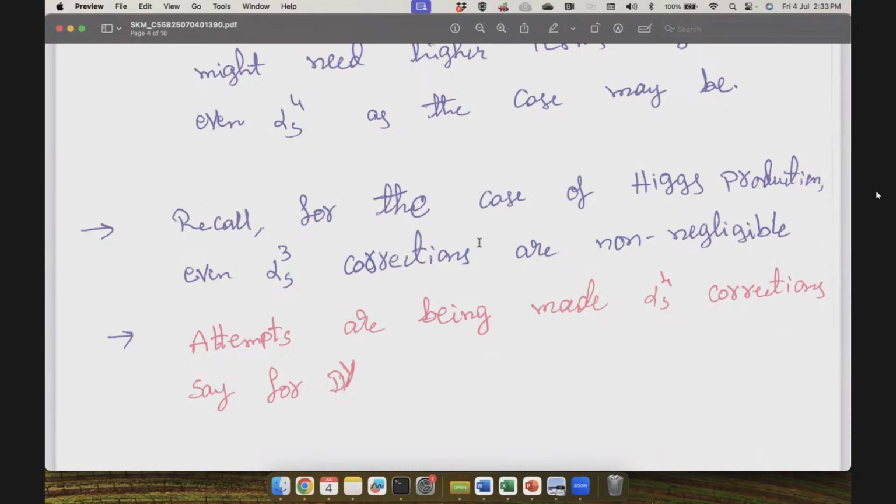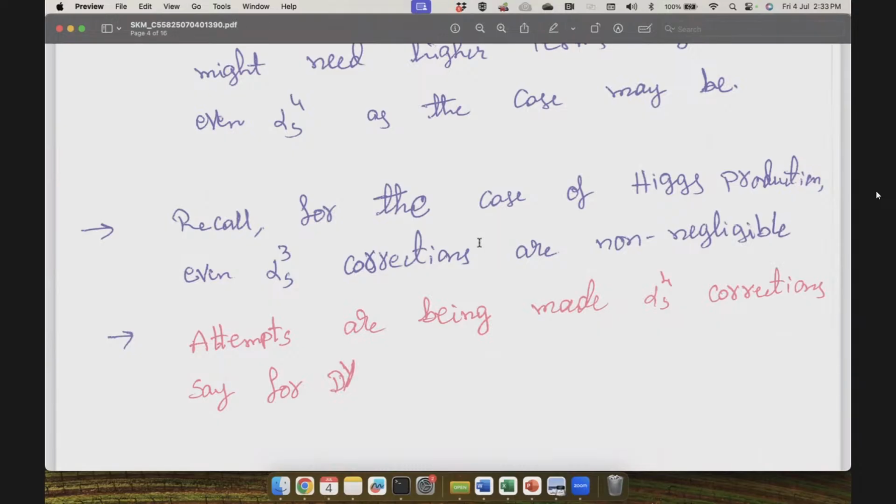It depends on whether you take finite quark mass effects, the infinite quark limit, or bottom quark contributions. Whatever you take, the leading order contribution is around 15 to 20 picobarn, for a center of mass energy at the LHC of 13 TeV.